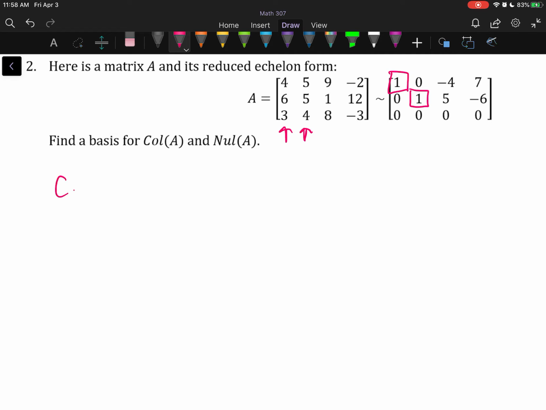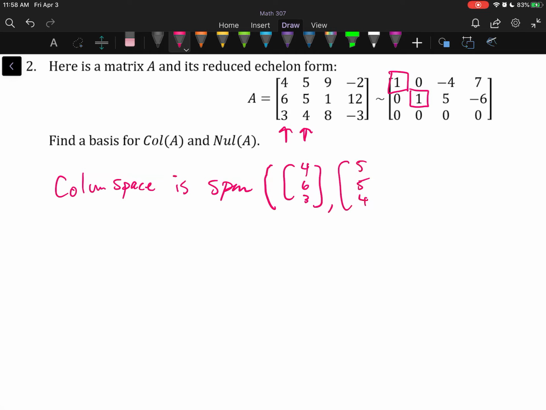So the column space is the span of 4, 6, 3 and 5, 5, 4.